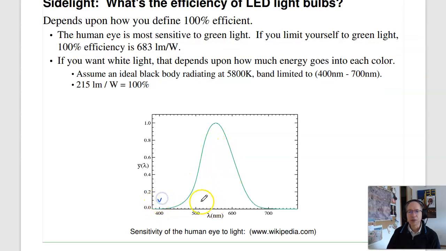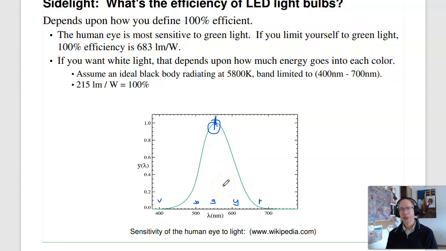This is violet, blue, green, yellow, red. The highest sensitivity is to green light. So if I have a light that's just green, then I can get 683 lumens per watt at 100% efficiency. If instead of green light I have white light, it really depends upon what you mean by white. How much energy is at each frequency?